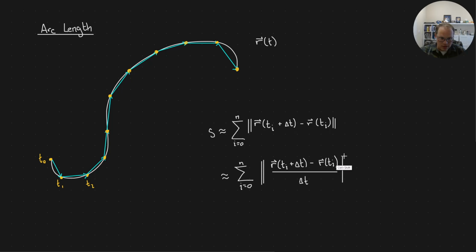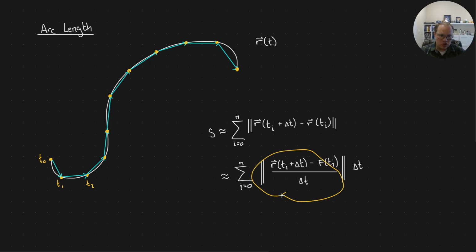And I can do that as long as I also multiply by delta t. Because delta t is positive, it's just how far the t's are from each other, I can move it in and out of the norm as I wish.